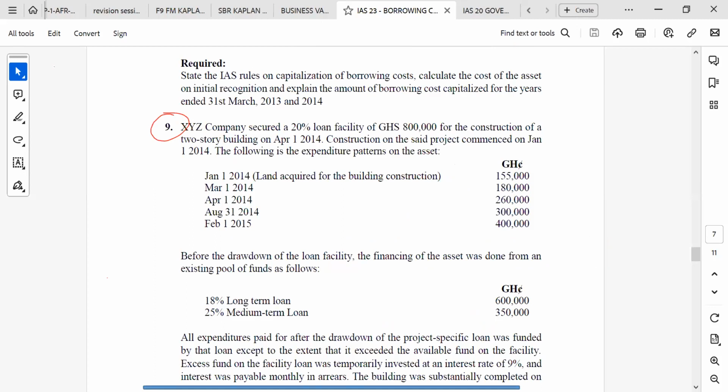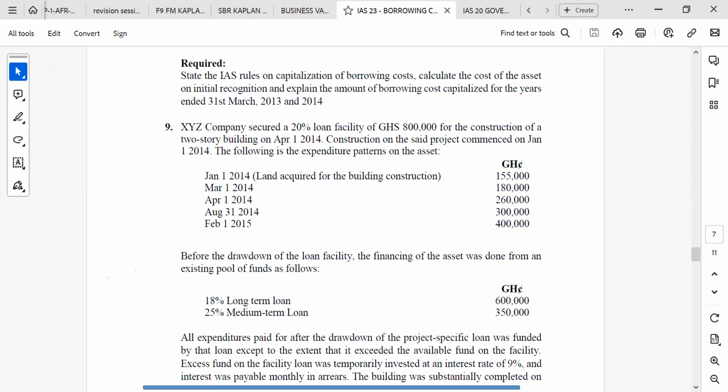XYZ company secured a 20% loan facility of 800,000 for the construction of a two-story building on April 1, 2014. Construction of the said project commenced on January 1, 2014. The following is the expenditure pattern on the asset. January 1, land acquired for the construction.